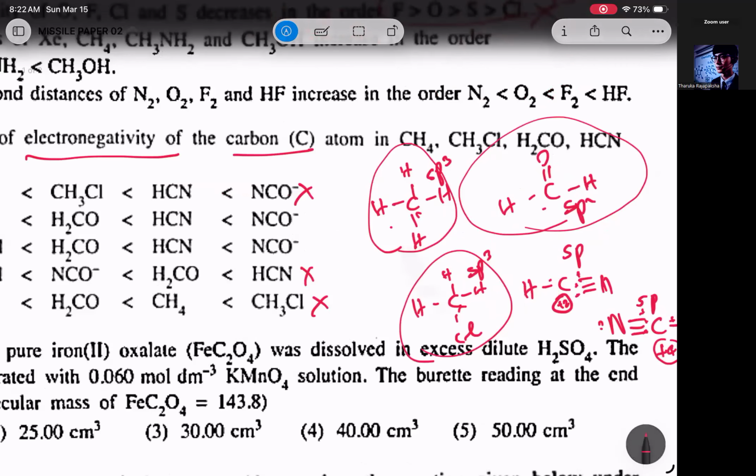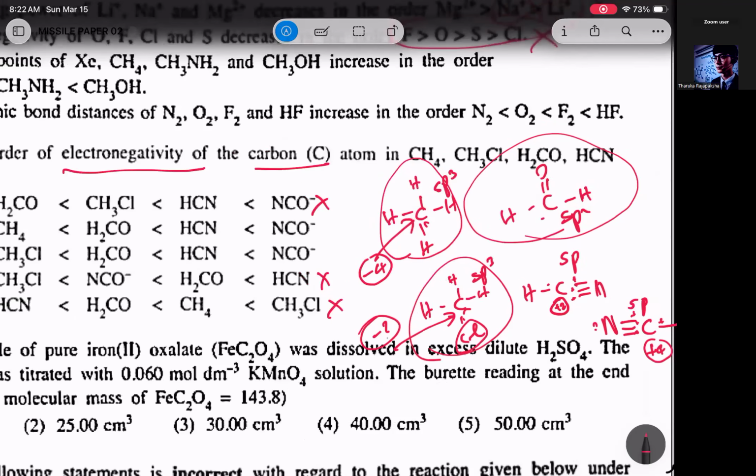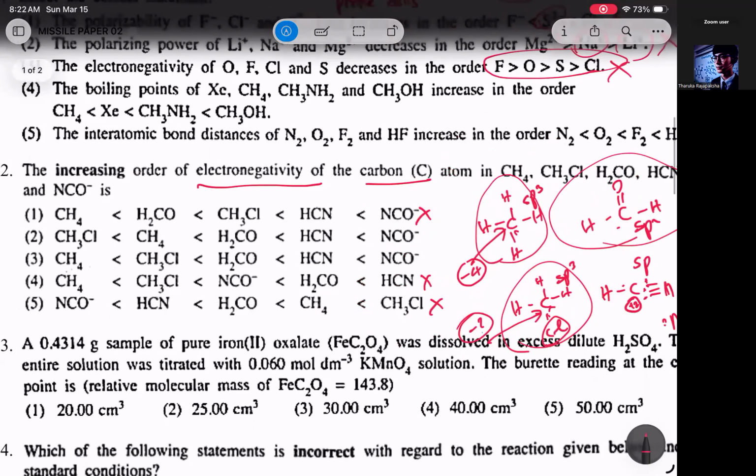So here it's going to be minus 4. Here it's going to be 1, 2, 3, minus 2 because chlorine is more electronegative than carbon. Therefore, the oxidation number for the carbon atom will be minus 2. So actually CH3Cl has a larger electronegativity than CH4. So the answer will be answer number 3.